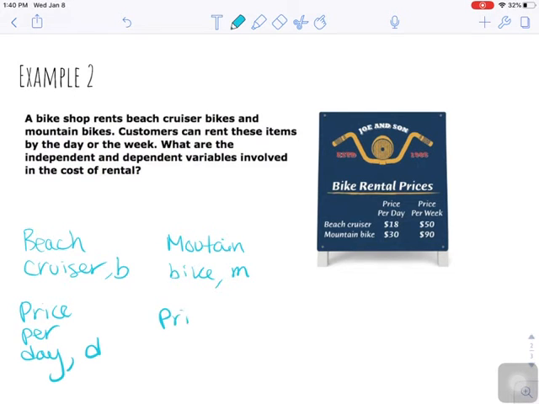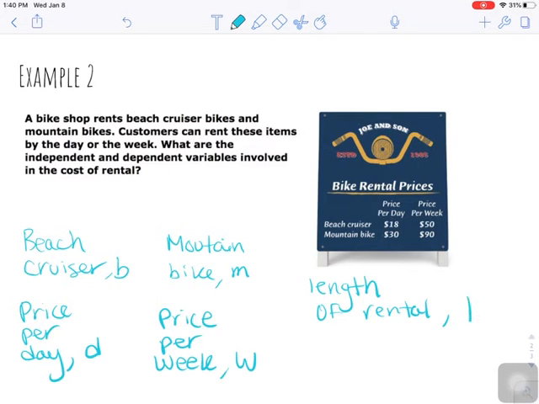And we have the price per week, which I'm going to use W for that. The other 2 variables that we have here, we have the total length of the rental, so how long people are renting the bikes for. So length of rental. We use L for that. And then we also have the total cost. How much do you have to spend to be able to rent these bikes?